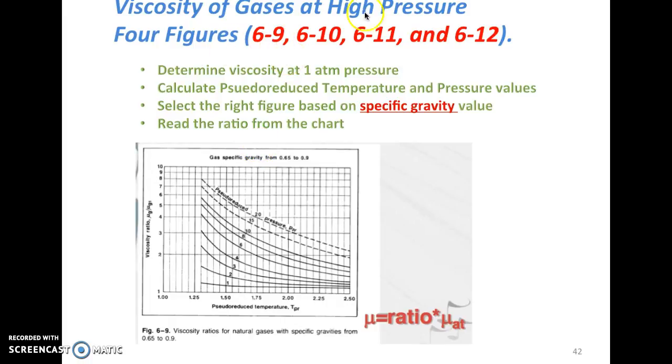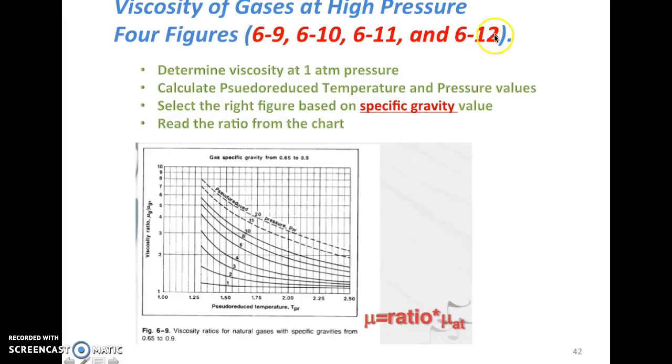So viscosity of gas at high pressure uses 4 figures: 6-9, 6-10, 6-11, 6-12. Again, you determine the viscosity at 1 atmospheric pressure, calculate the pseudo-reduced temperature and pressure values, and select the right figure based on the specific gravity value.